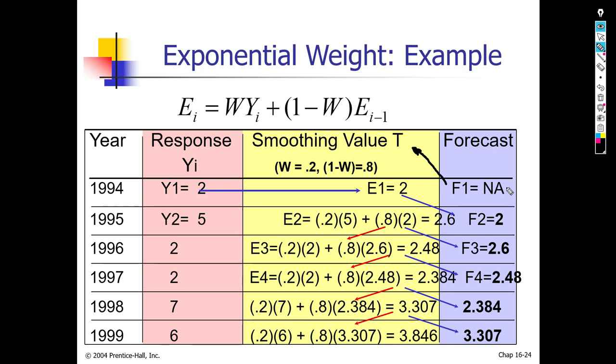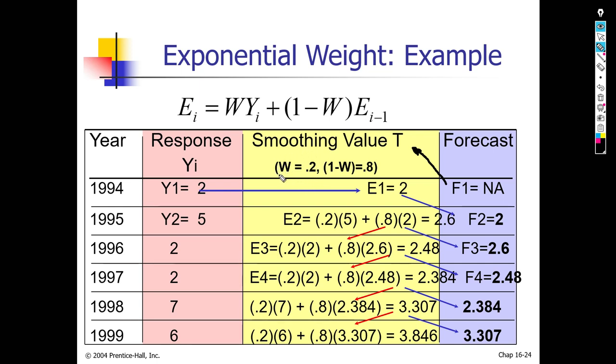So F1 is not applicable. Now E2, we apply this formula. Setting W equal to 0.2, then 1 minus W is 0.8. You can set any value here.